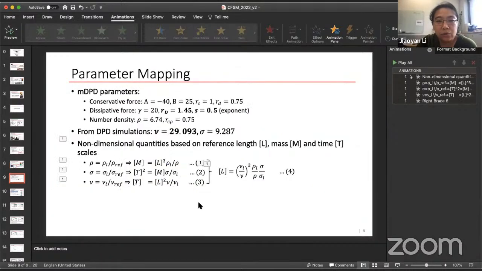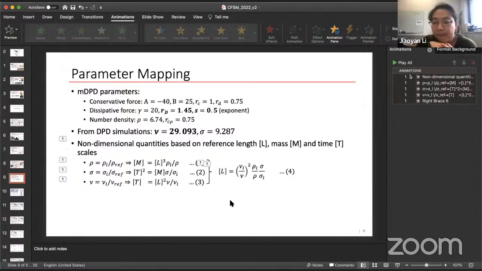When you try to use an even coarser model, could it be possible to push your current 0.1 micrometer droplet to a 1 or 10 micrometer droplet? Do you see any kind of challenge there?